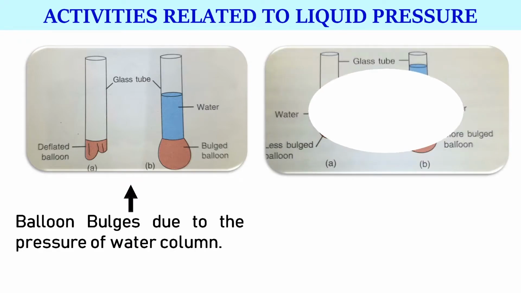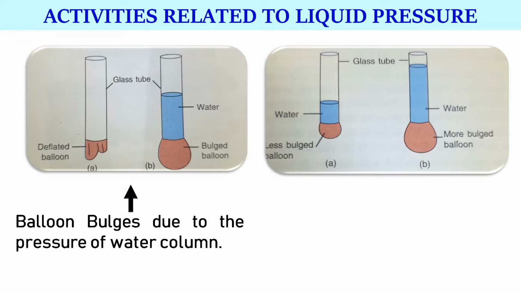Next we have another activity. In this activity, we have taken a glass tube which is open at both ends. Hold it vertically. Tie a balloon at its lower end. Pour some water in the tube. You will notice that the balloon bulges out as shown in figure A. Add some more water.